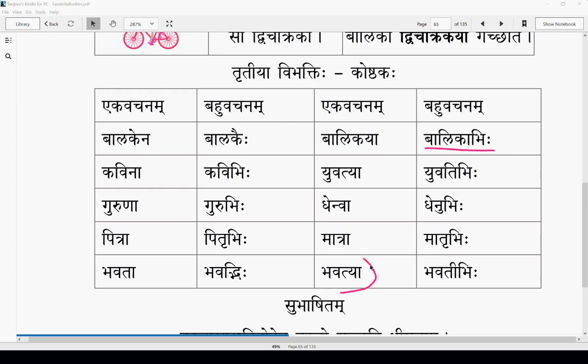The example used consistently in the tables is Bhavati, like Lekhanya or Nadya. Bahuvachanam for Tritiya vibhakti is Bhavatibhihi. So Lekhani becomes Lekhanibhihi. If it is Nadi, it is Nadibhihi.